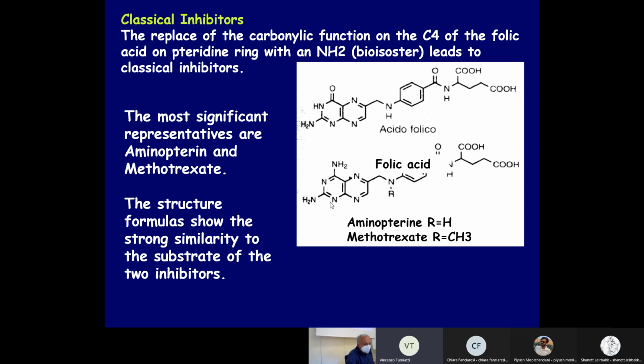This means that we have an increased basicity of this nitrogen atom, because there are more electrons inside the aromatic cloud. This means that this nitrogen atom can be protonated at physiological pH.